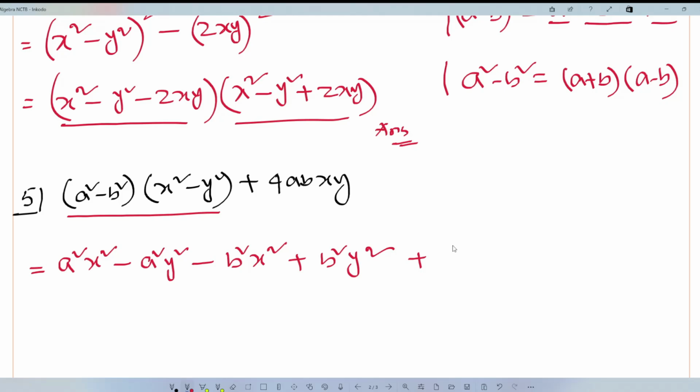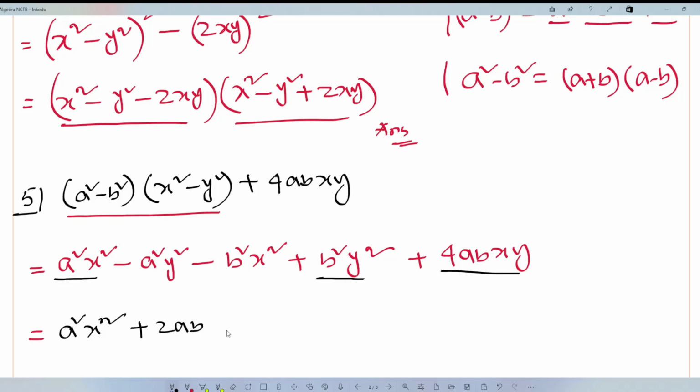Now here is 4abxy. Now we have to make a plan. Suppose here is a square x square and here is b square y square. So against this one we can write a square x square, and from here we can write plus 2abxy, and this one b square y square.